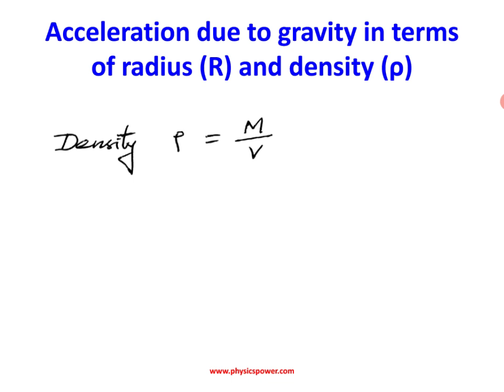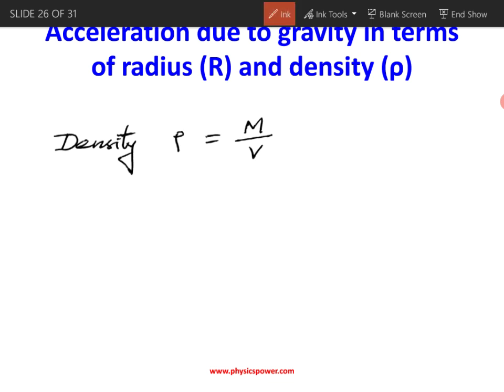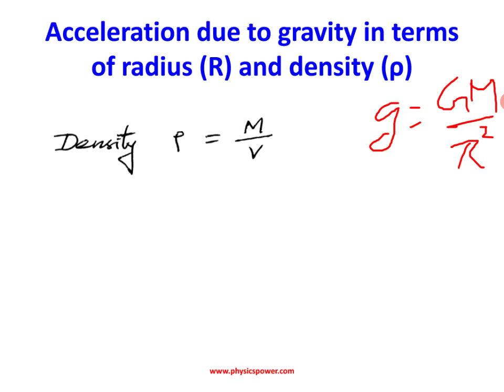For that, we need to eliminate the mass term in the previous expression, g equals capital G into M by r square. In this expression, if you eliminate the M term, that is the required one.